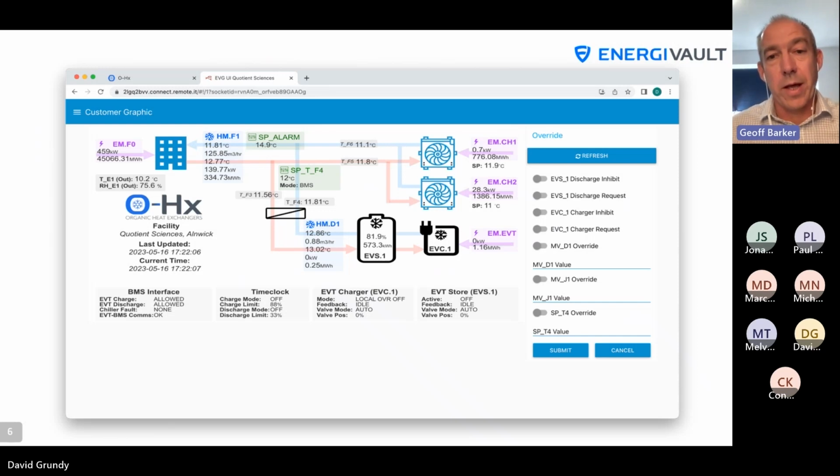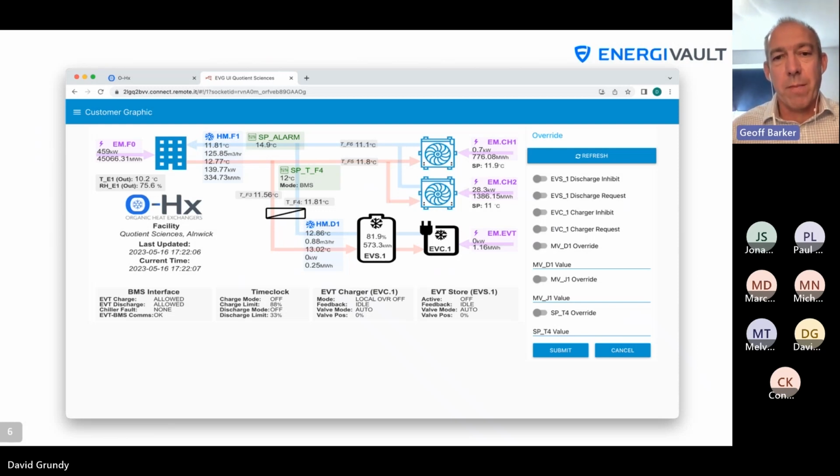On the other hand, the system can be set up so EnergiVault is the primary chiller. And in fact, we've done that in some tests recently, because in the early part of the year the demand was relatively low, a relatively modest demand, which allowed EnergiVault to satisfy all of the demand for several hours.